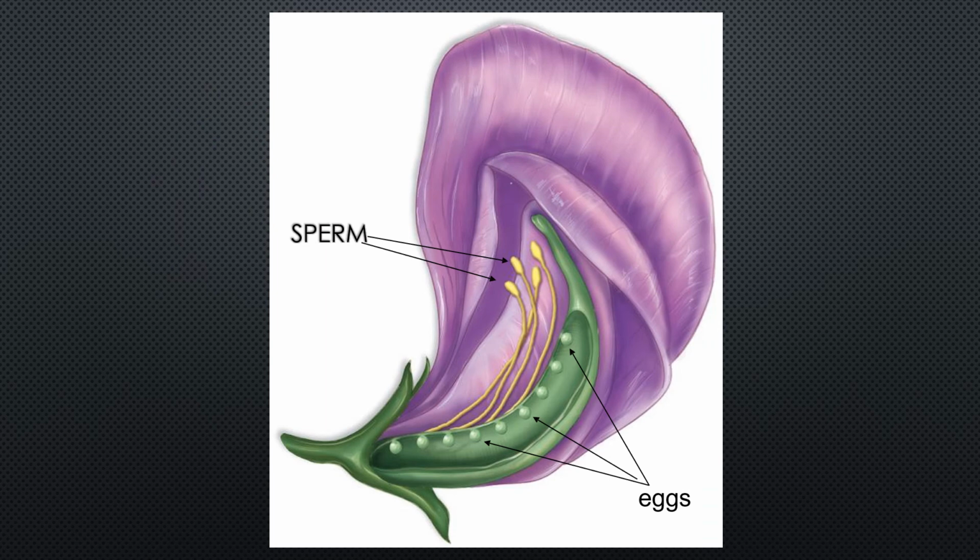So this is just a cutaway view. So here you can see the stamen with the anthers, and then this is the stigma that underneath has the eggs in the ovaries. So again, during pollination, which is the process of the pollen sticking and then the sperm growing down through the stigma to where it reaches the egg and can fertilize the egg.